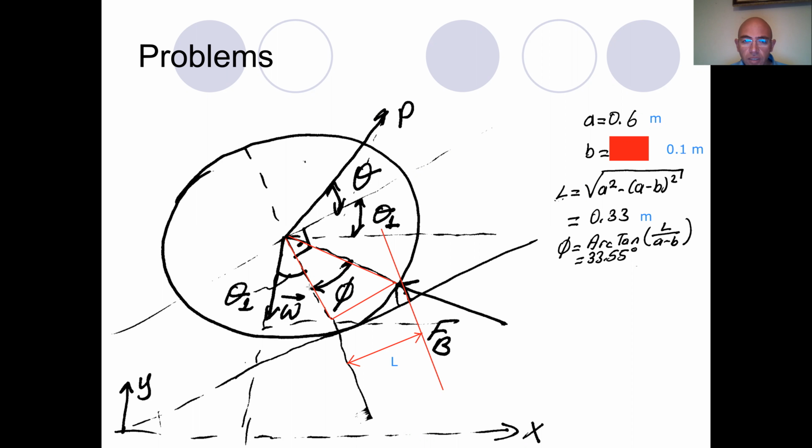So this length is A minus B, this length is L. L divided by A minus B will give me the tangent phi.